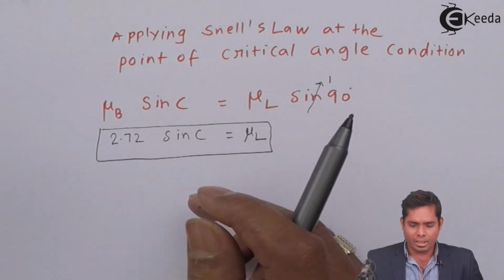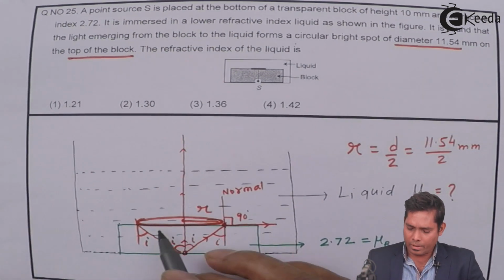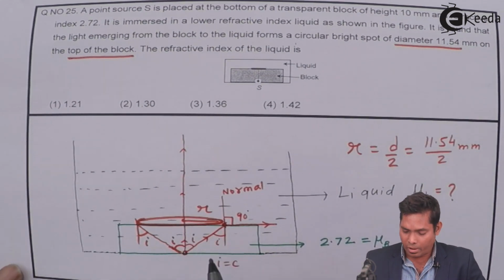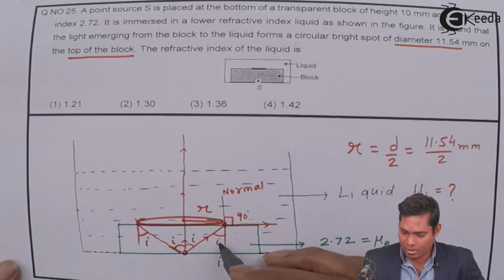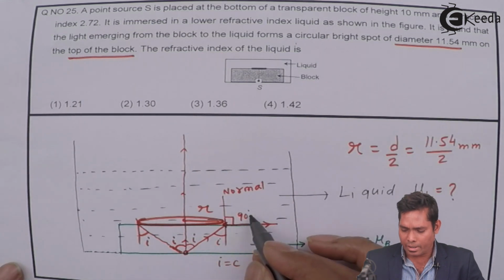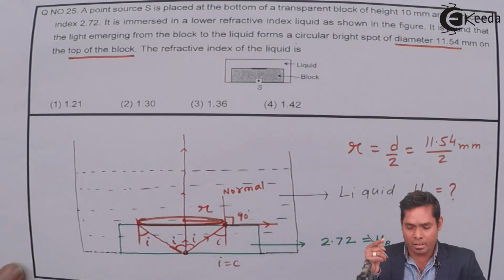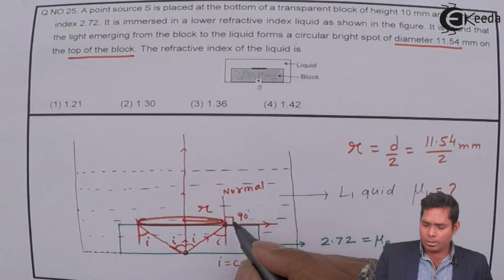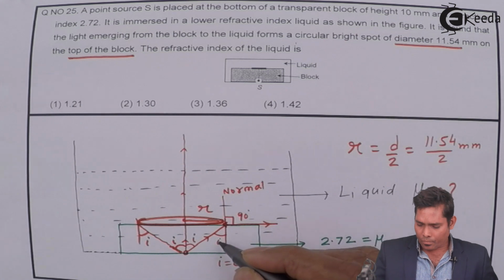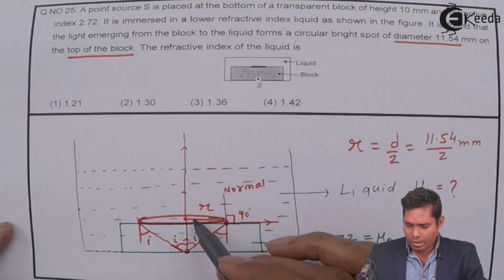So how to find c from this arrangement of this geometry? This I is c over here, because it is that I which gives r as 90. R means the angle of refraction is 90 in the rarer medium. Therefore, this I is c, that I have to find.